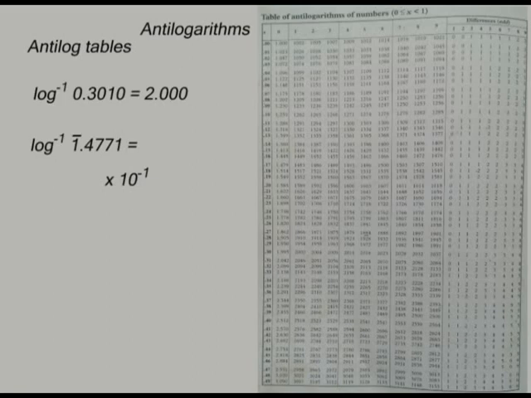If you go to the antilogarithm tables, that is 3.000. And so the antilog of 1 bar 0.4771 is 3 times 10 raised to the power of -1, or simply 0.3. If it was 1.4771, then we would have 3 times 10 raised to the power of 1, or simply 30.